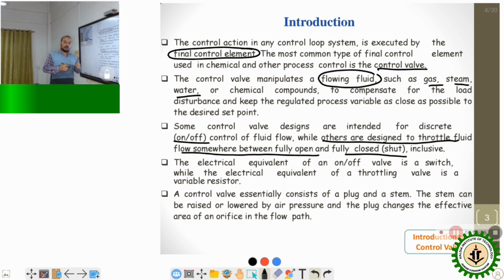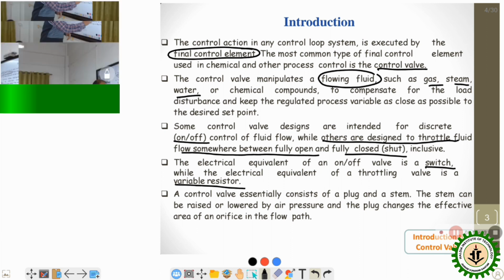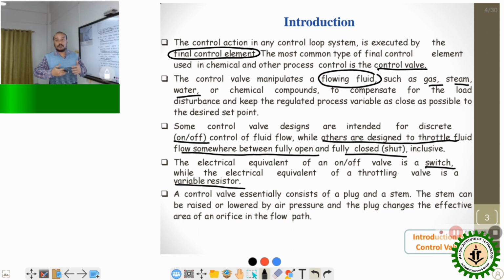And if we think about the electrical circuit, the electrical equivalent of an on-off valve is a switch, while the electrical equivalent of a throttling valve is a variable resistance. Variable resistance means we are able to change the value of the resistance. If we fix a particular resistor, the value will be that much.